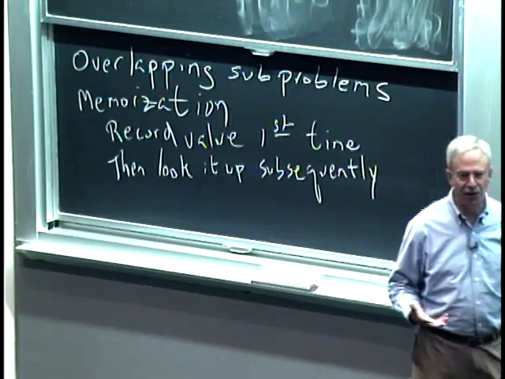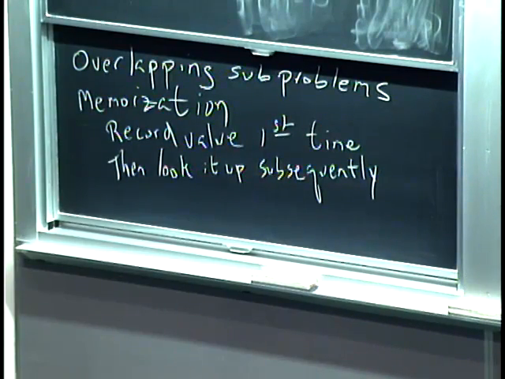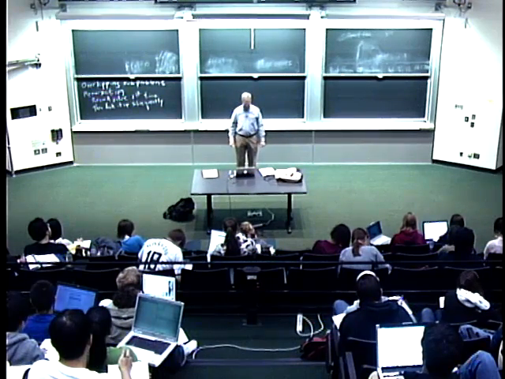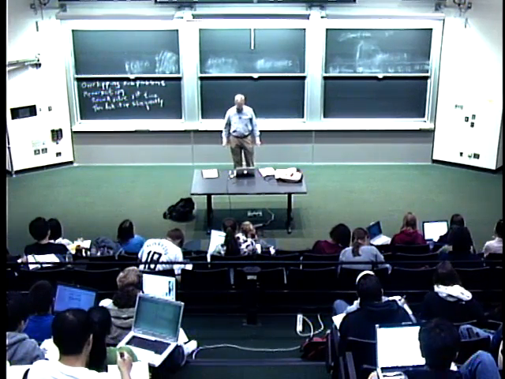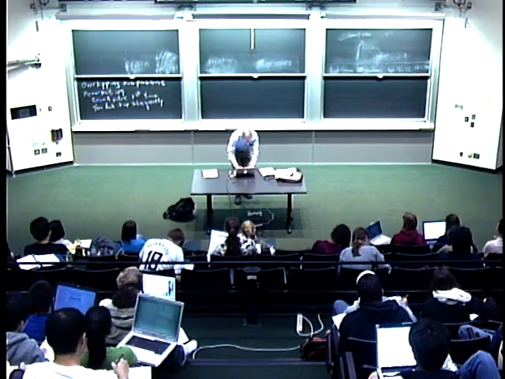So it makes sense. If I know I'm going to need something over and over again, I squirrel it away somewhere and then get it back when I need it. So let's look at an example of that.